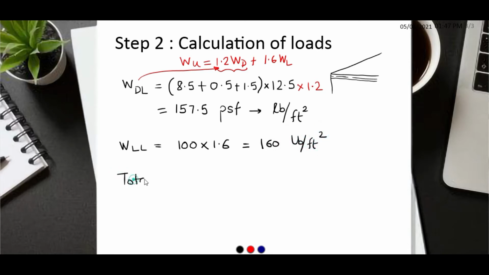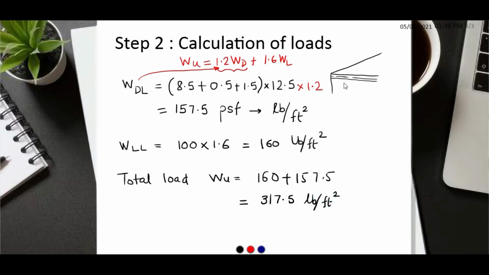Total load will be WU equals WDL plus WL directly, because we have already taken the factored loads. So 160 plus 157.5 comes out to be 317.5 pounds per square foot.